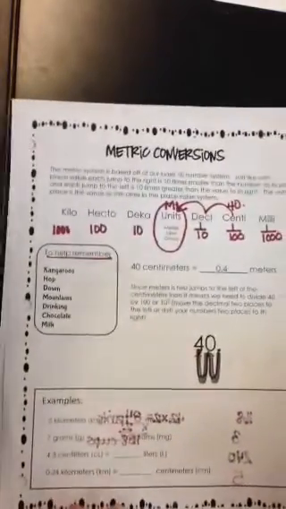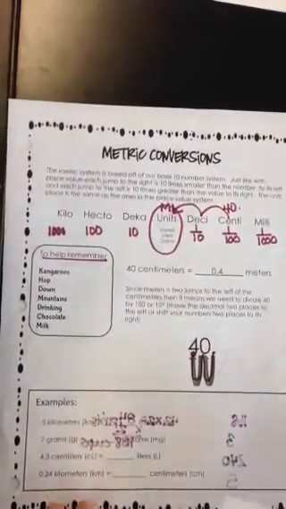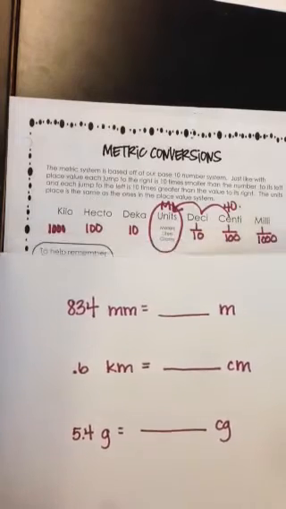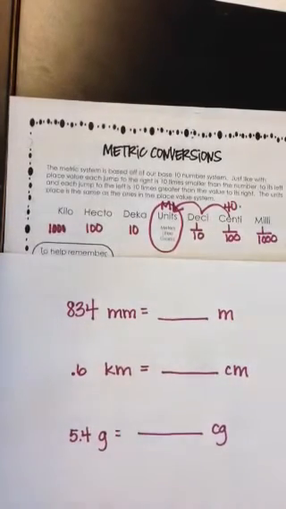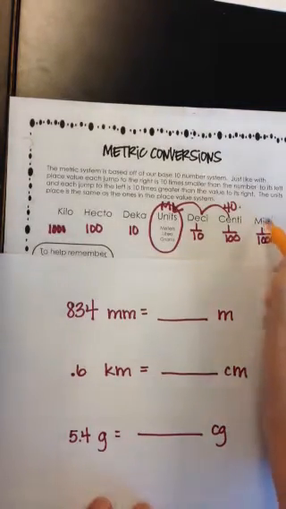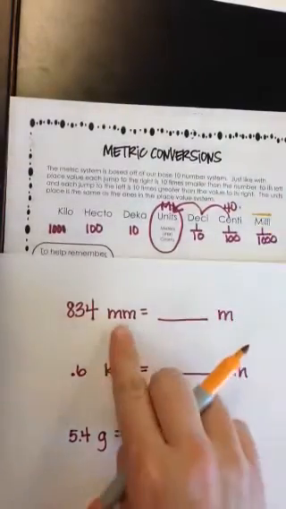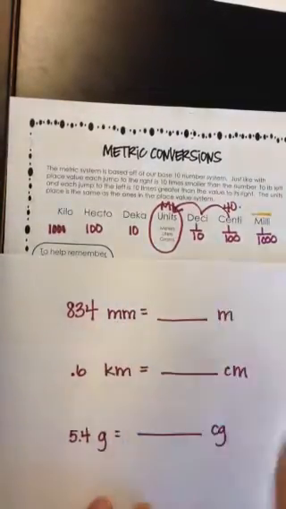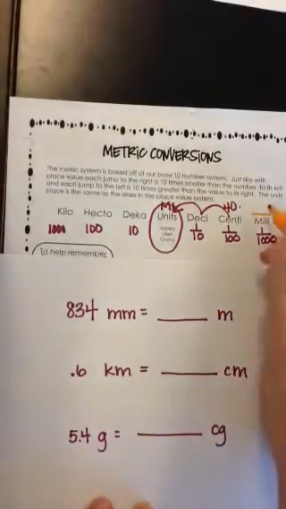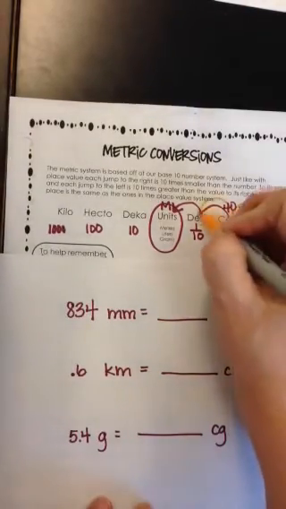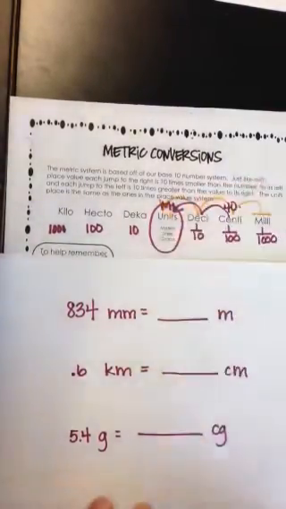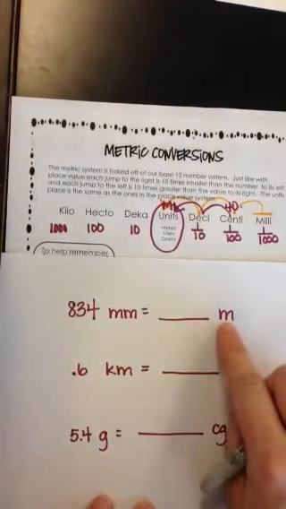So let's look at some practice ones together. So if I have 834 millimeters and I want to change that to meters. So again, I'm here at millimeters. I'm going to use a different color this time so we can see it. If I'm starting at millimeters and I want to get all the way to meters, it is 1 jump, 2 jumps, and 3 jumps to the left to get back to meters.